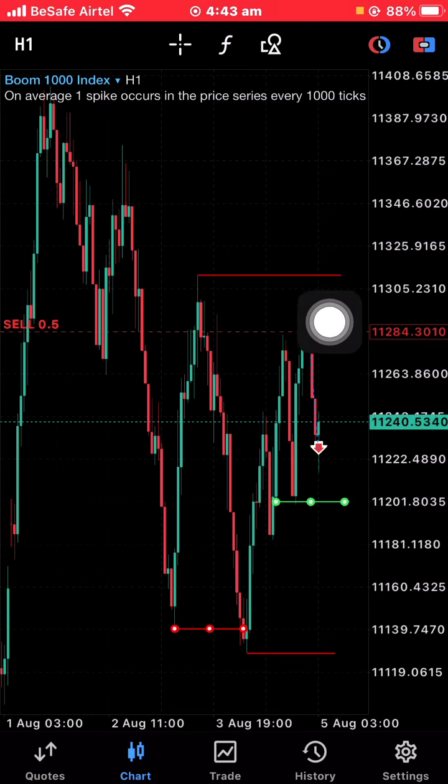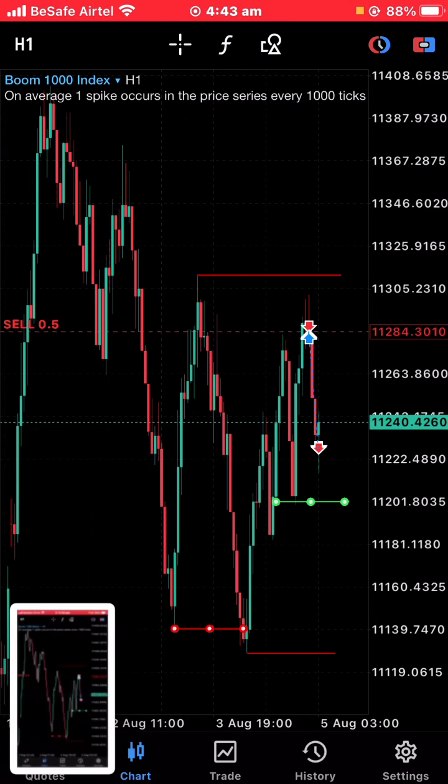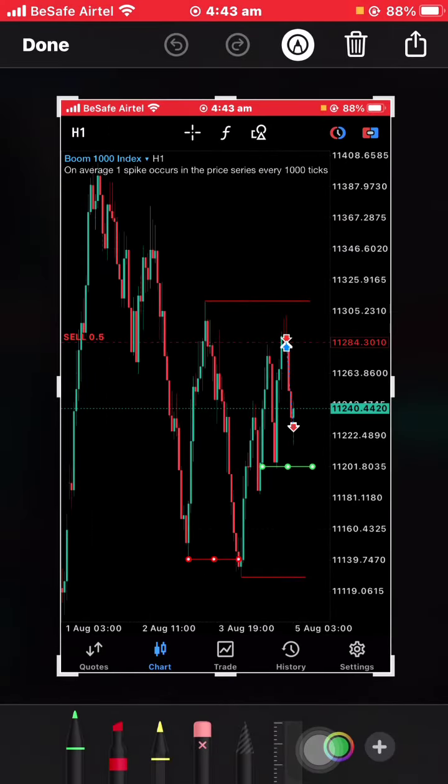So the reason why I joined this trade is because the market has pulled back to another point. All right, then another very important thing you need to take note of. Let me just mark this. Let's say here is point A, here is point B, point C, point D. Hope this is making sense to you.